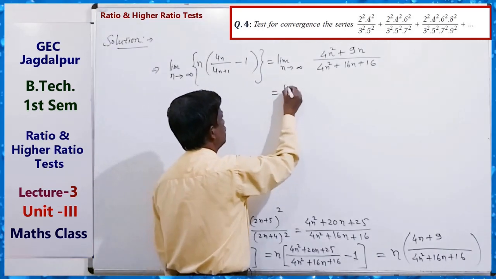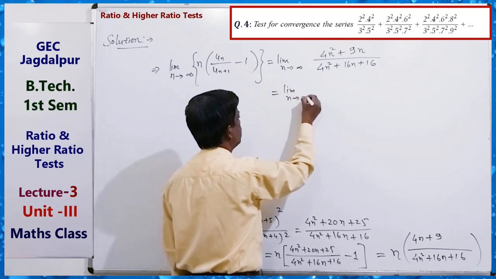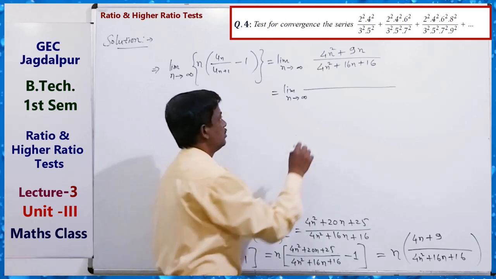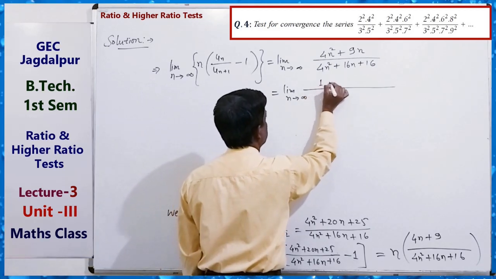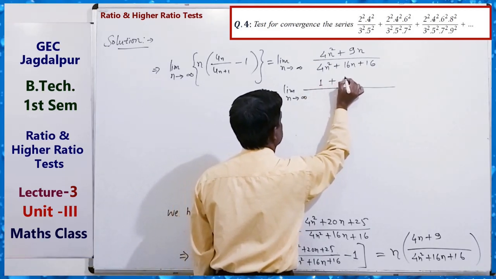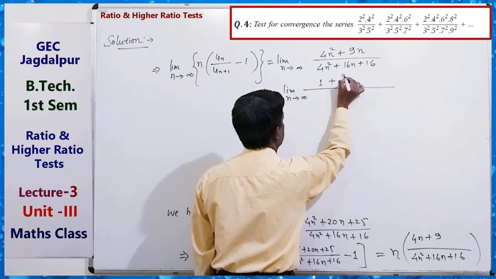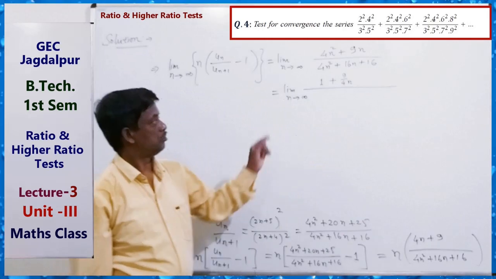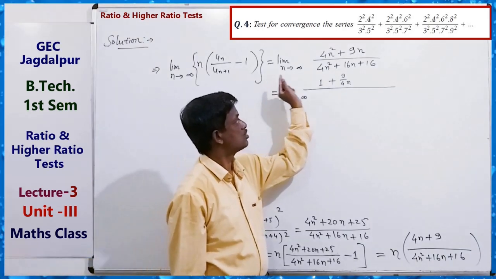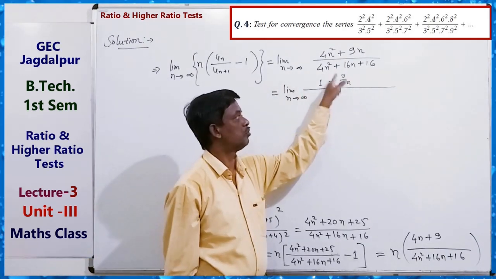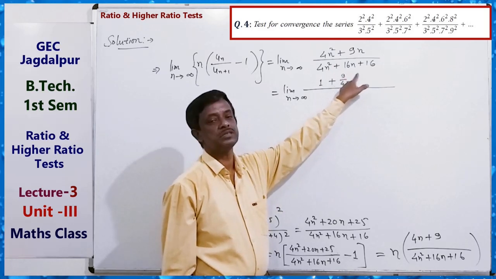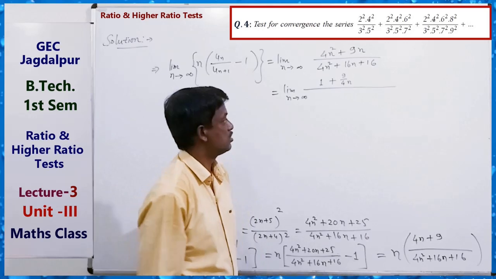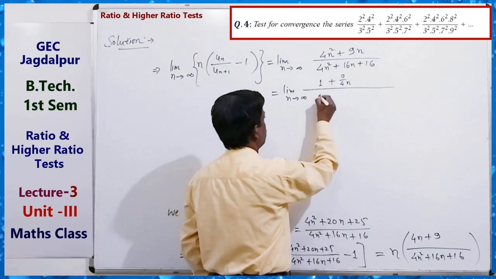Because we can write the limit as n tends to infinity, taking 4n square common, so 1 plus 9 by 4n. Because 4n square means 4 cancels, n square means one n cancels, 9n over 4n square gives 9 by 4n.